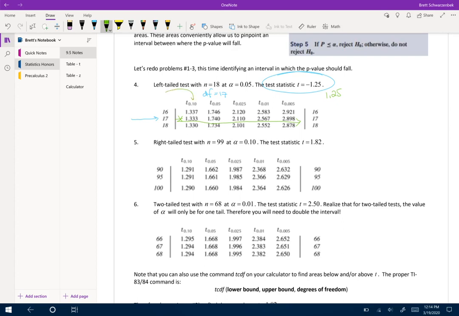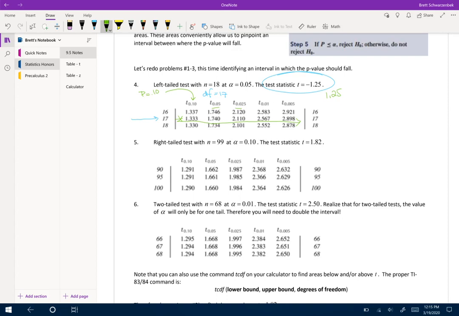This right here means that at 1.333, the p-value would actually be 0.10. Therefore, if you look at the subscripts of the t-values, the t subscript to the left of t.10 would mean a greater p-value. Why is that? If you look to the right of t.10, it's a lower p-value of 0.05, and then even lower as you go to the right.